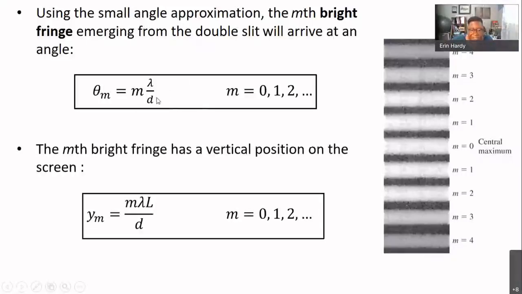Since lambda over d is always going to be the same value, if we also assume that L stays fixed, so we don't change the separation between the slit card and the screen, then we can predict what the y sub m values should be for each of these bright fringes.